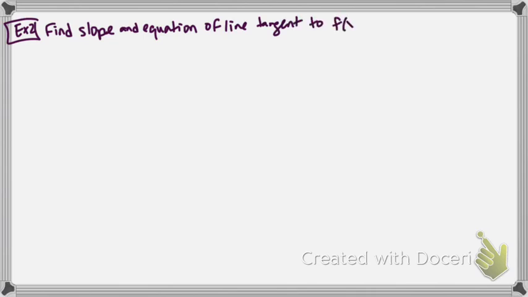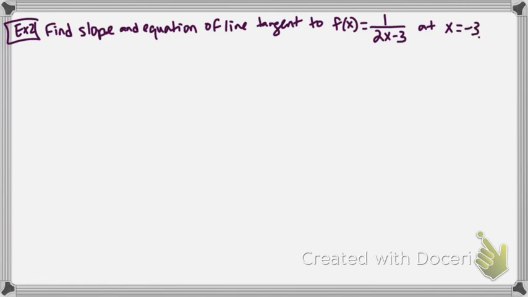I want you to find the slope and the equation of the line tangent to this function, f of x equals 1 over 2x minus 3, at x equals negative 3.